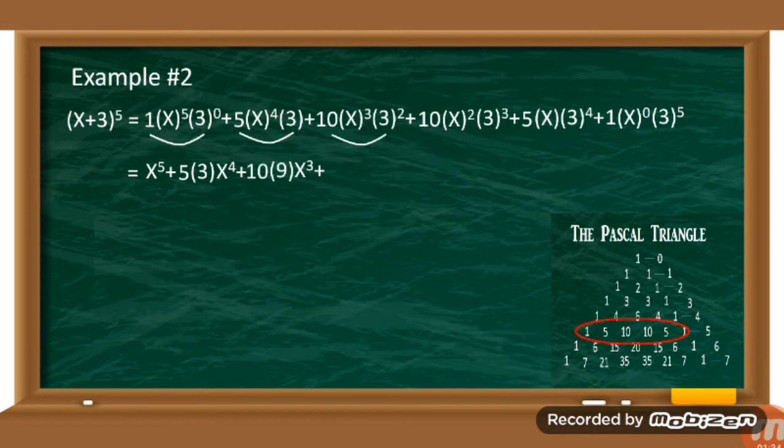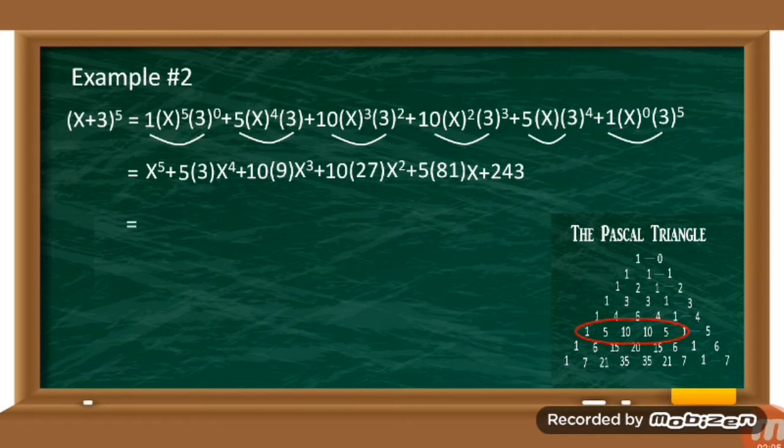Sunod naman is x raised to 2 is x squared, then 3 raised to 3 is 27 times 10 plus x, then 3 raised to 4 is 81 times 5. Ang huli naman is 3 raised to 5 is 243.